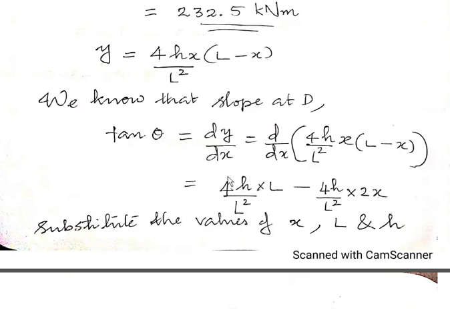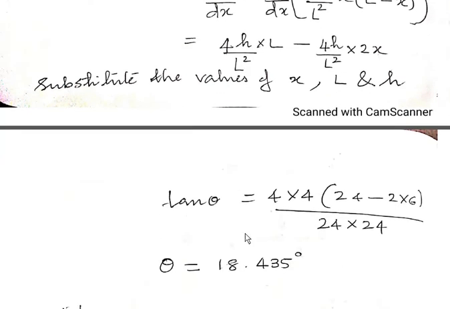So find out the dy by dx. This is the value of dy by dx, and in this substitute the values of x, L and h, and you will get the value of tan theta. Theta is equal to tan inverse of dy by dx, and that is what we are getting here.